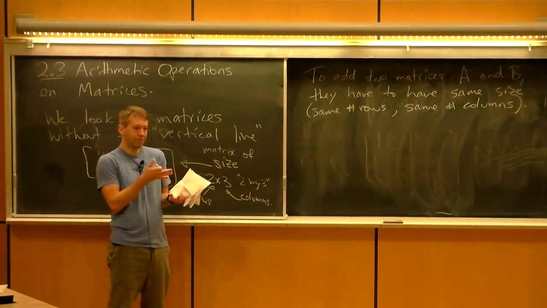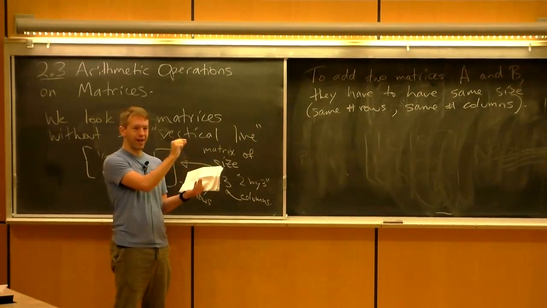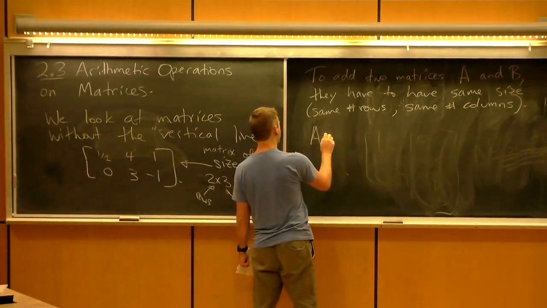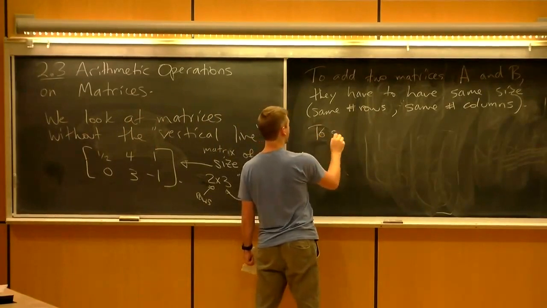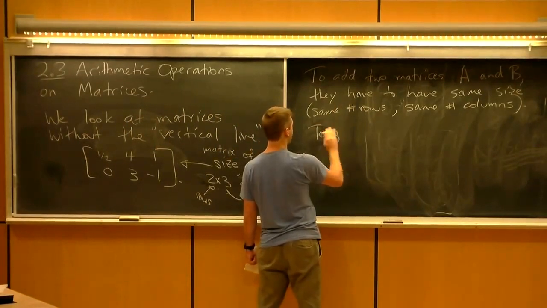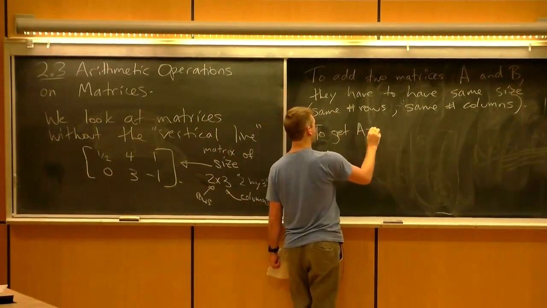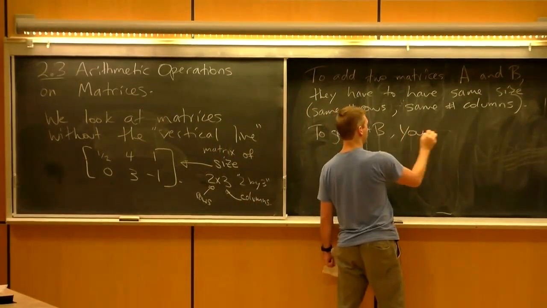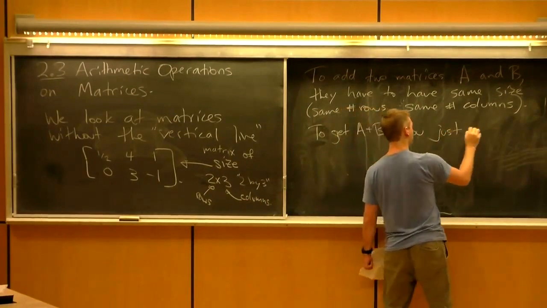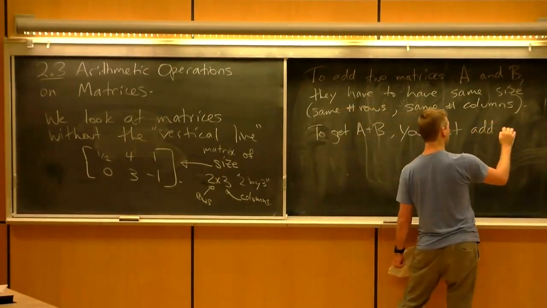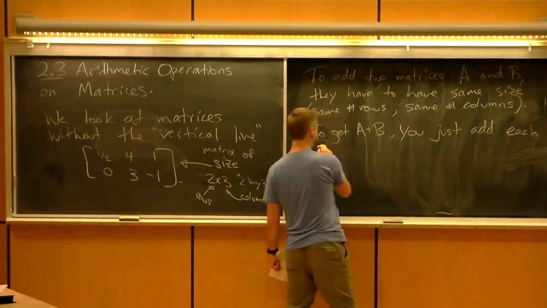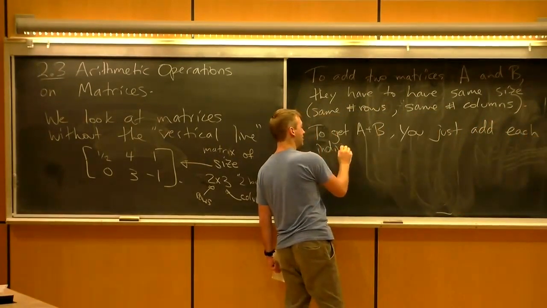You just literally go through the entries and add them up. So to get A plus B, you just add each individual entry.